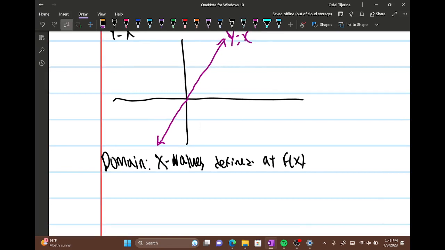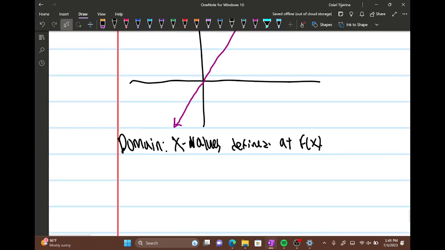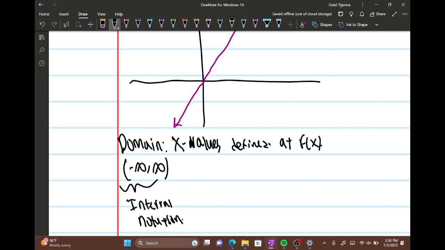Since this goes forever and ever from left to right, we would say that the domain of this is from negative infinity to infinity, meaning that it's all real numbers, right? And this is what we call interval notation. I do have a video over interval notation if anybody is curious as to what that means, but this is most likely a review of college algebra.